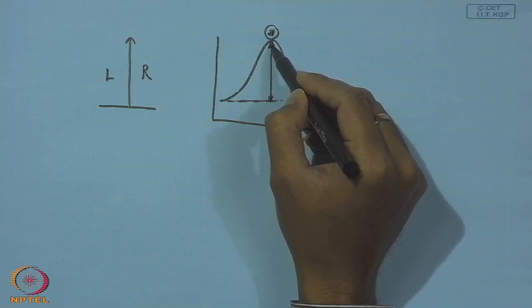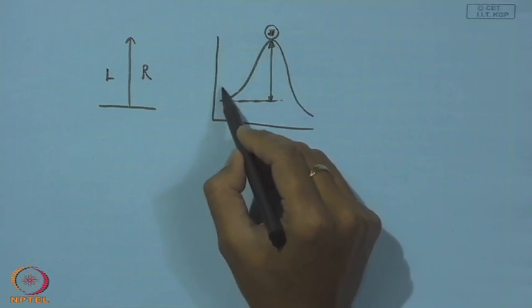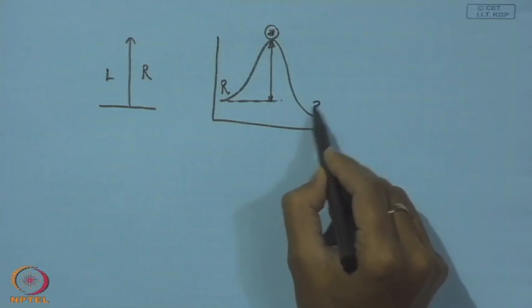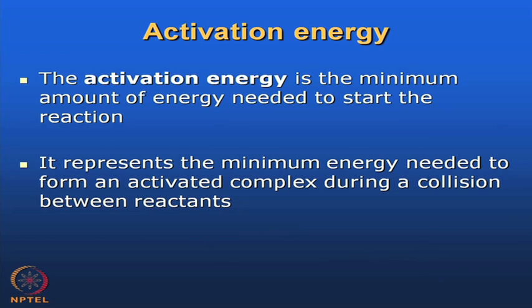That means the activated state is a must for the transformation from your reactant side to your product side, and it represents the minimum energy needed to form an activated complex during a collision between reactants.